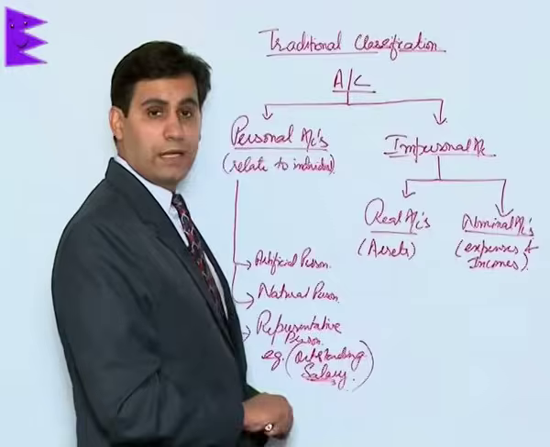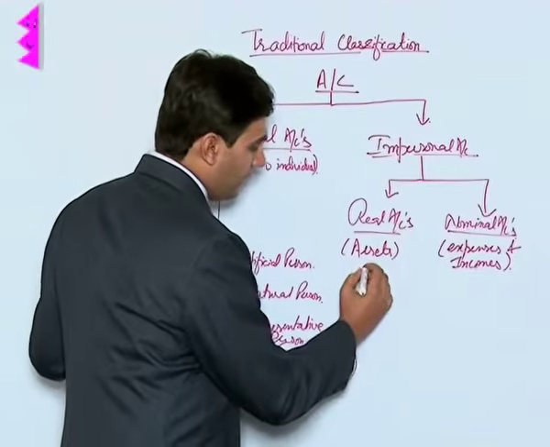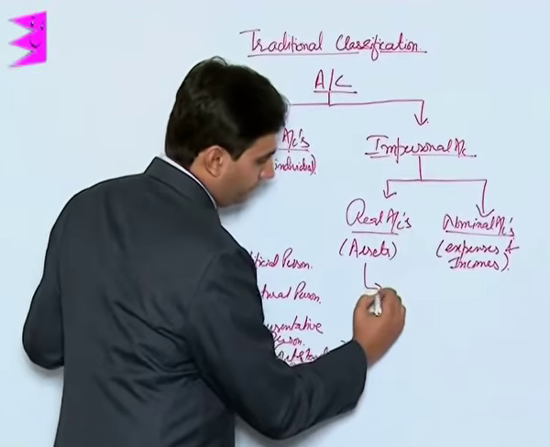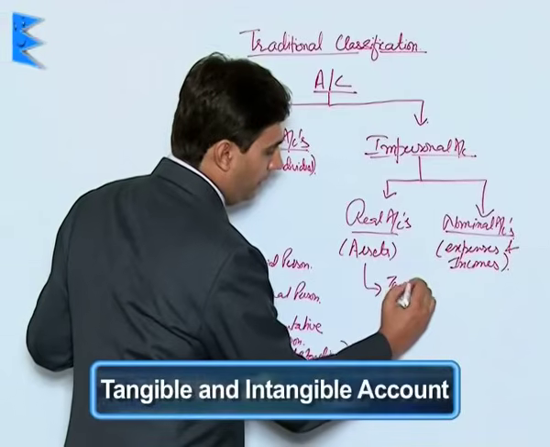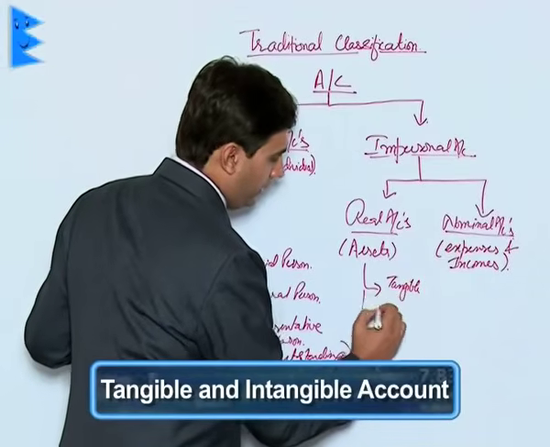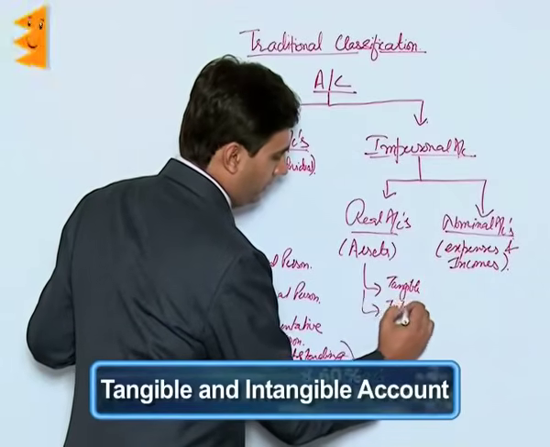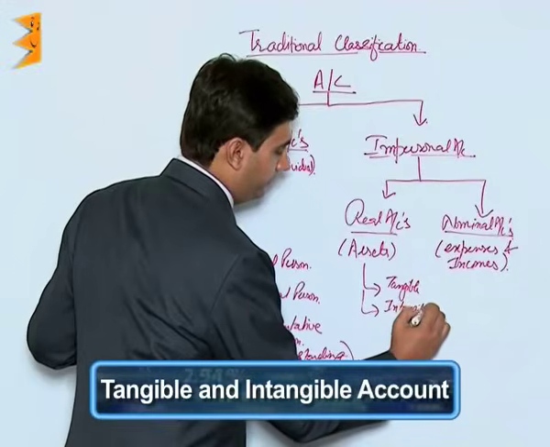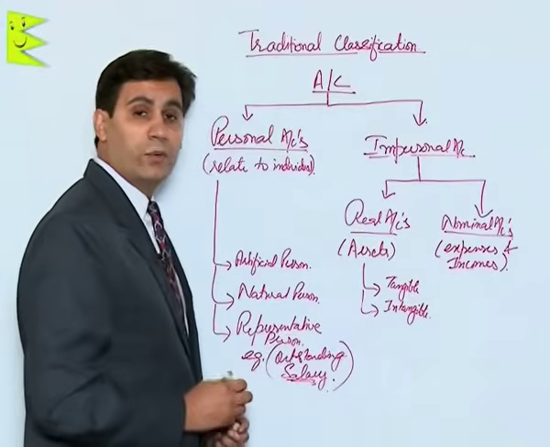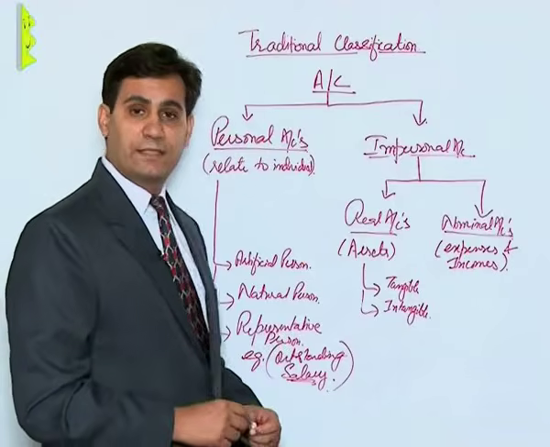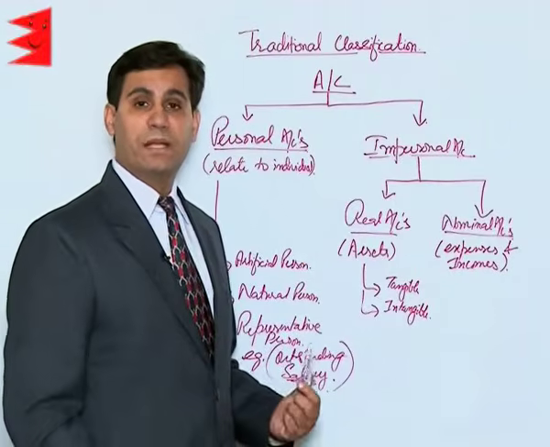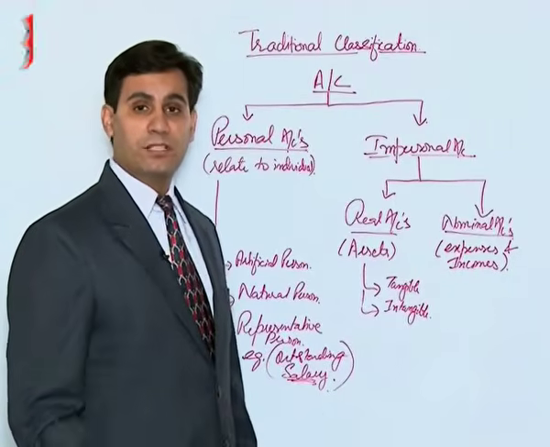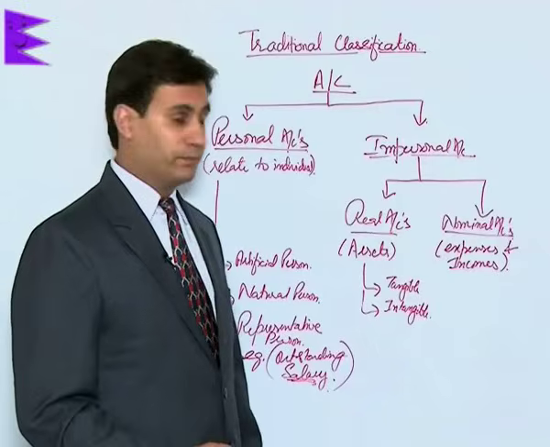Coming to real accounts. Real accounts can be classified as tangible and intangible. Tangible are the ones which have physical existence, something like land, building, machinery. They can be touched, felt and seen.